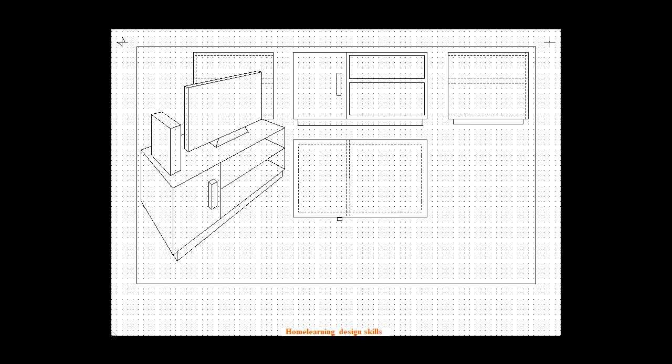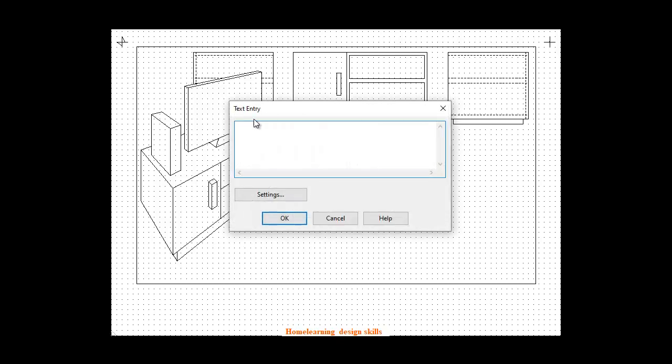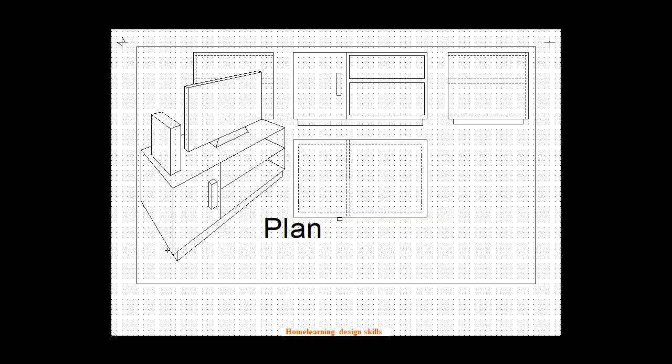And we can start to label some of these as well. So I can actually write plan view. Really these should be in uppercase letters, but at the moment we're not going to worry too much about British standards. So we've got the plan, and we can start adding the front elevation.